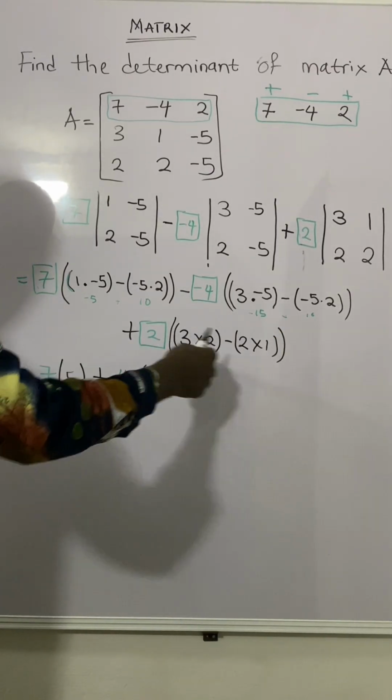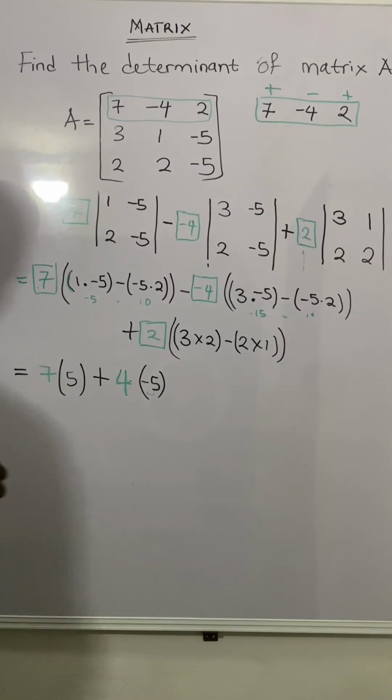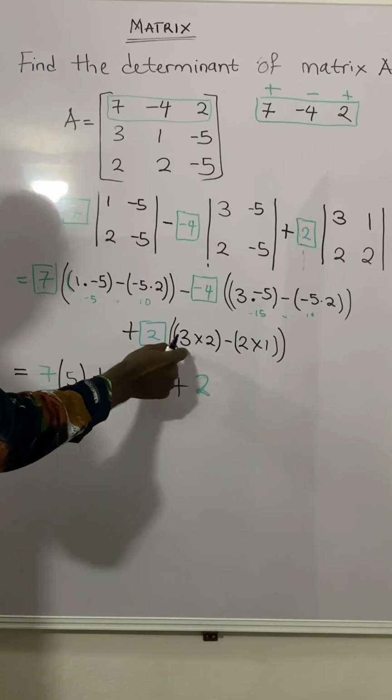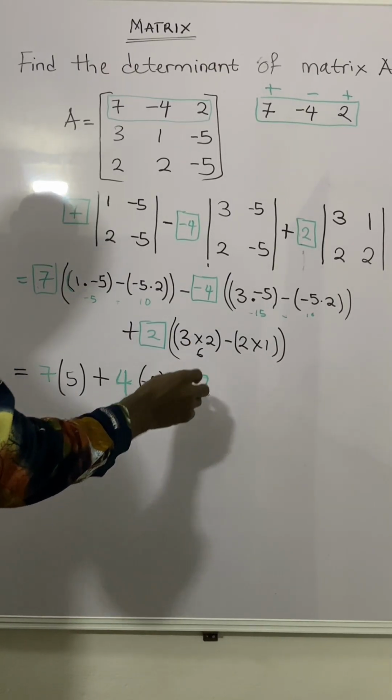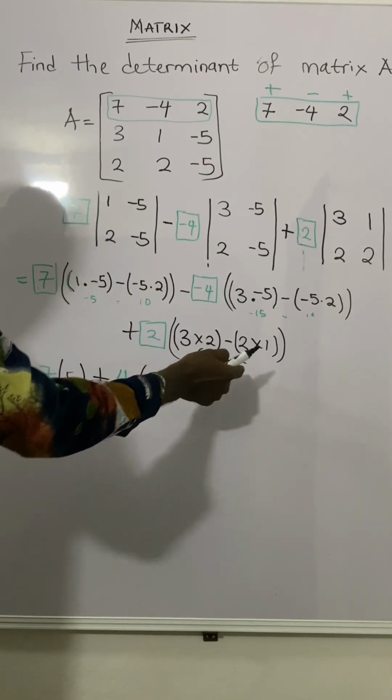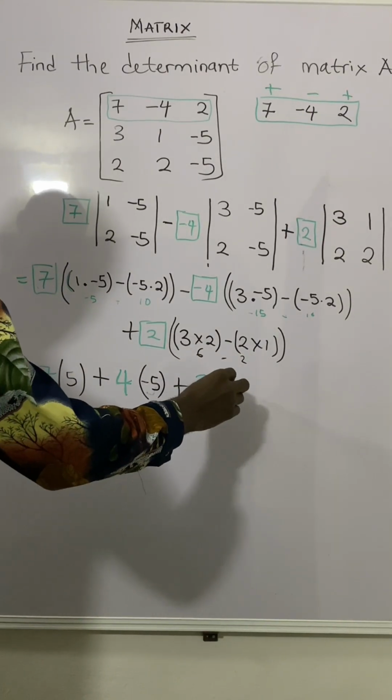Then coming here to solve this, this is already plus 2. So the sign here is plus 2. Then this is 3 times 2, this is 6, minus 2 times 1, this is 2. So 6 minus 2, here we have 4.